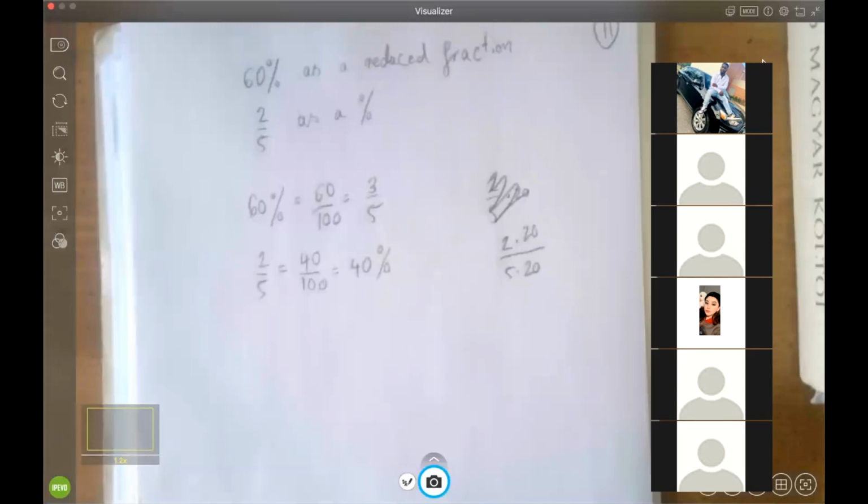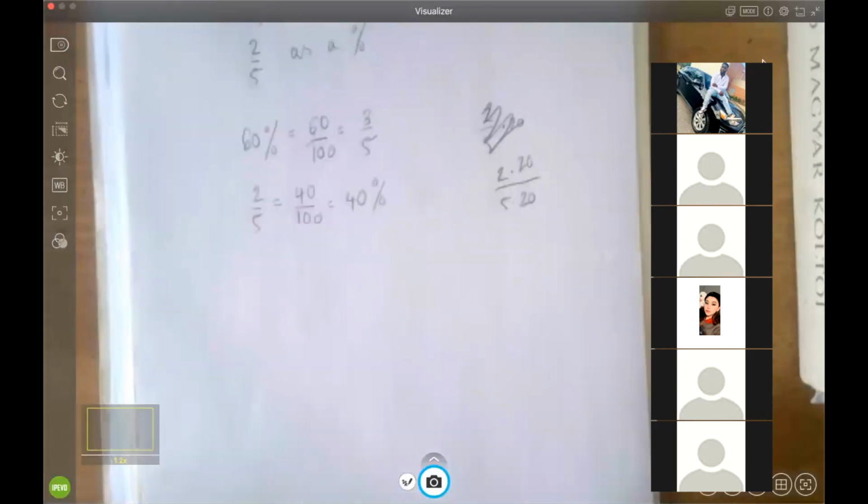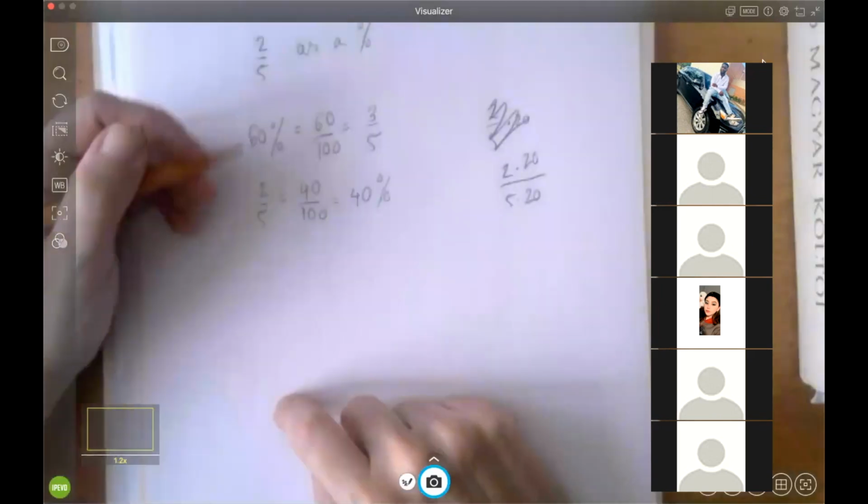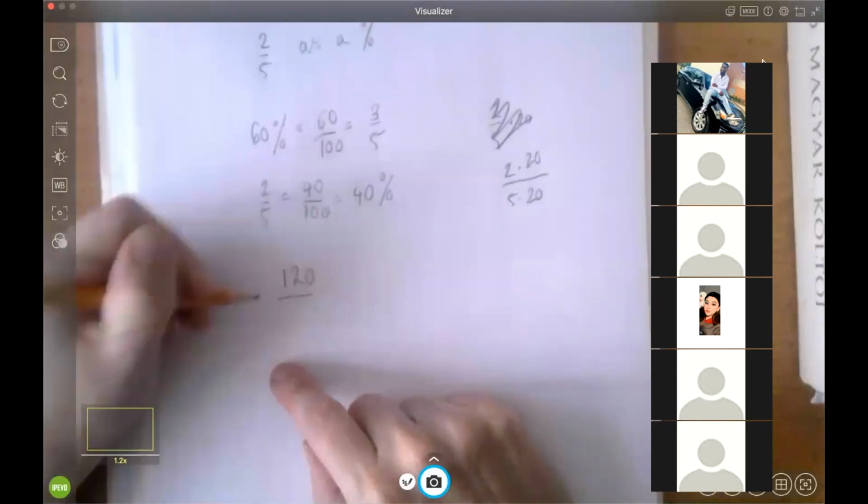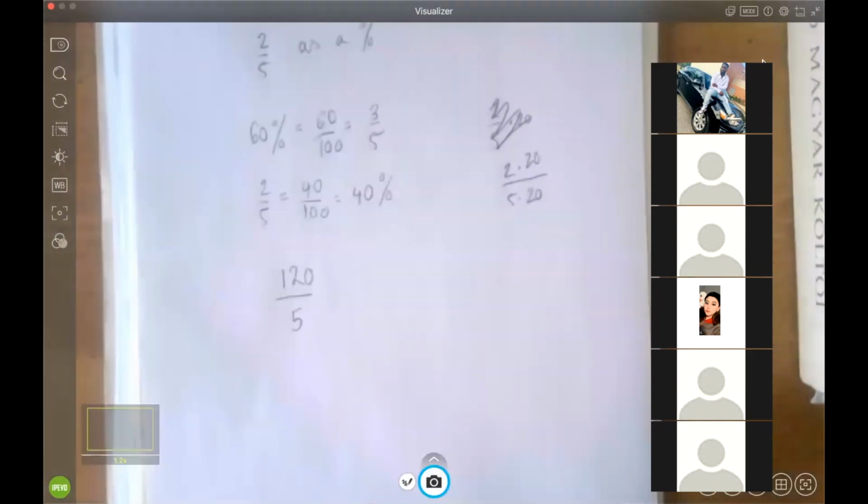For example, I want to show you how I divide by 5 in my head. Let's say we're going to divide 120 by 5. And I don't like dividing by 5. So this is a division problem, but for a split second, I'm going to think of it as a fraction.